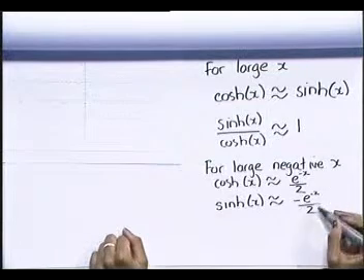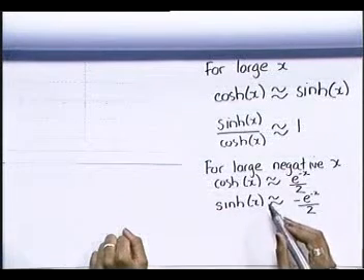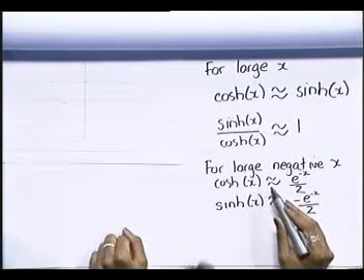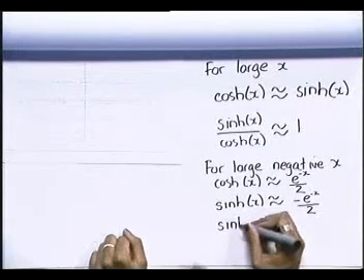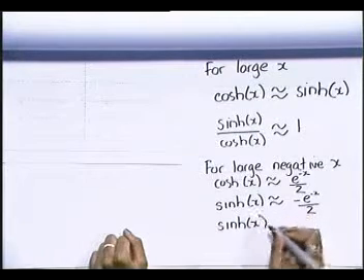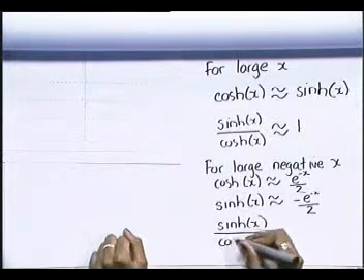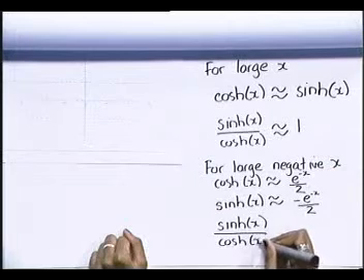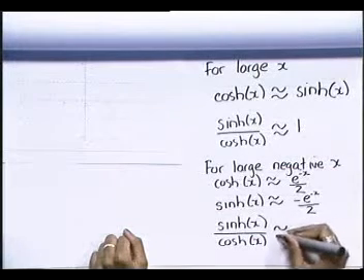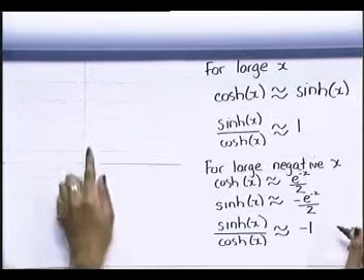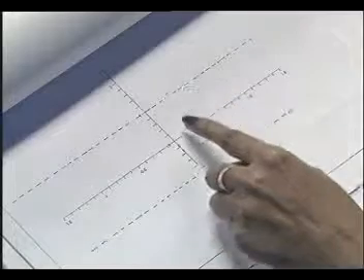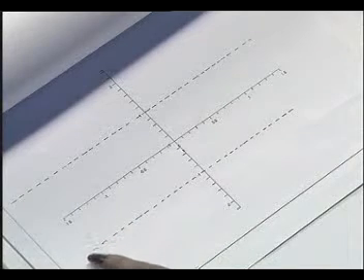So we can see here that sinh x is very, very close to minus cosh x. So that must mean that sinh x over cosh x is very, very close to minus 1. So as x gets large and negative, we should expect the graph to get very, very close to minus 1.